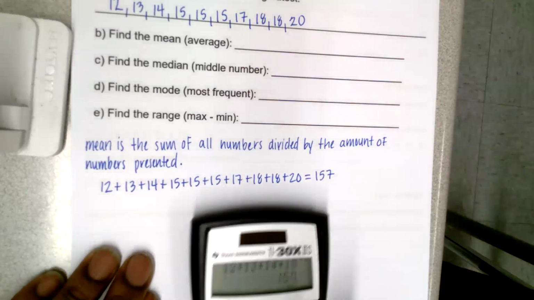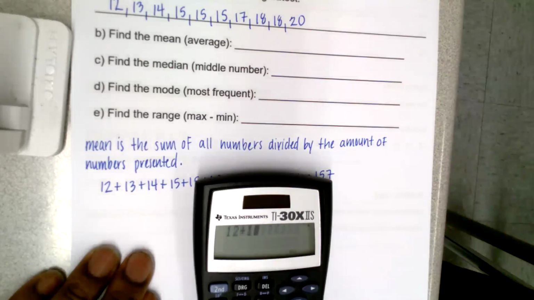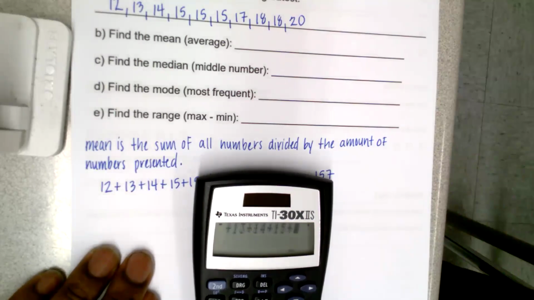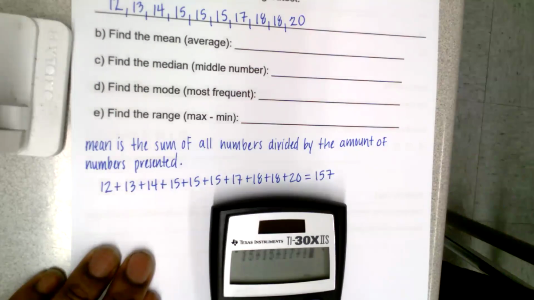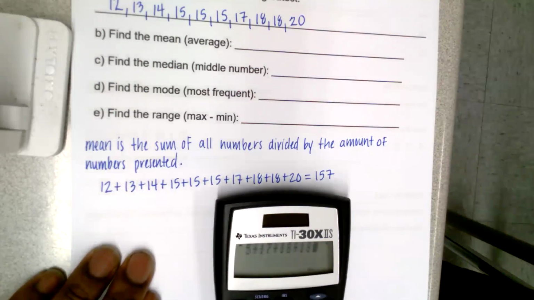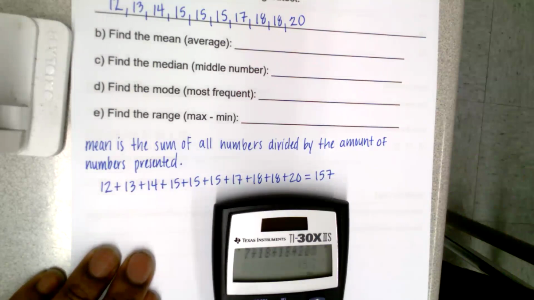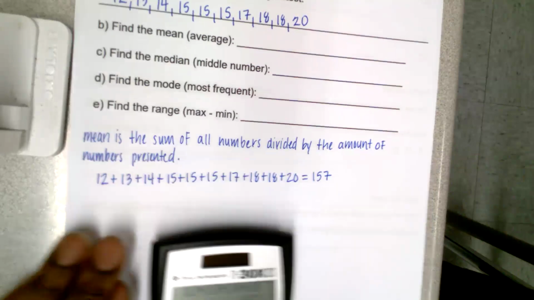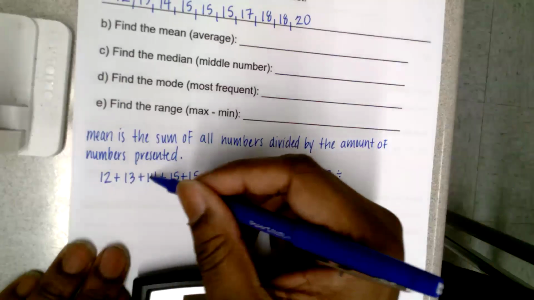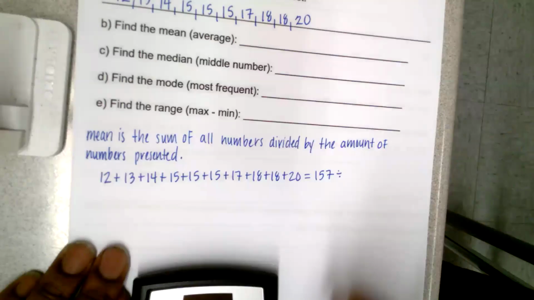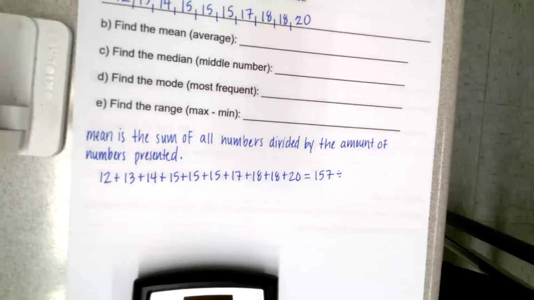I like to just do it two times just to make sure I get it. 157. Then you want to divide it by the amount of numbers presented. 1, 2, 3, 4, 5, 6, 7, 8, 9, 10. Divided by 10, which is 15.7 because it's a 10.